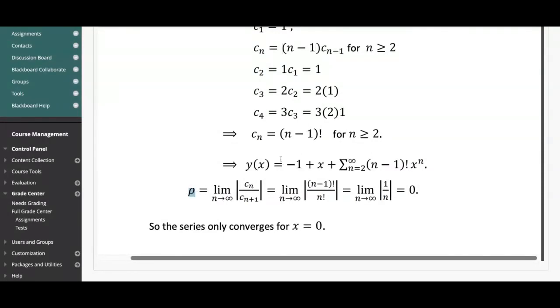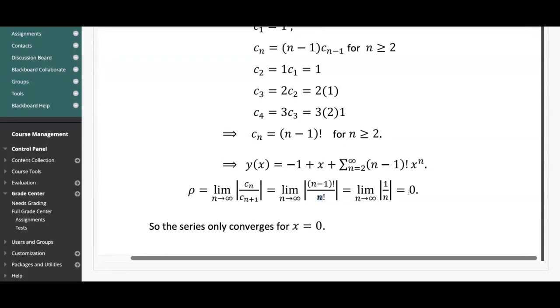Then we check the convergence. Once we have a solution, right? We have this solution. We check the convergence. We take the limit of the ratio of the current term and the next term, n minus 1's term, n's term, and n plus 1's term. That's just 1 over n.